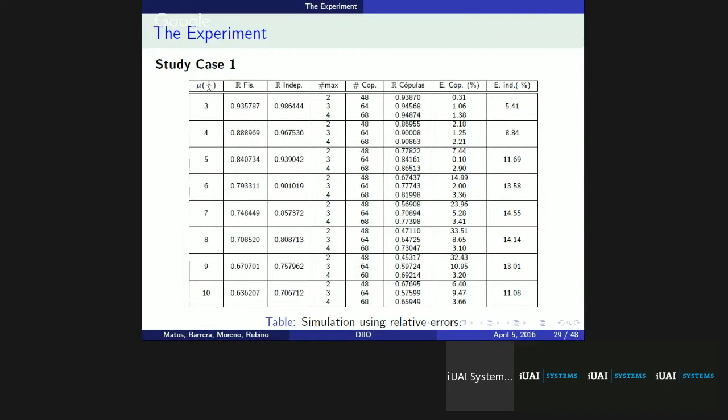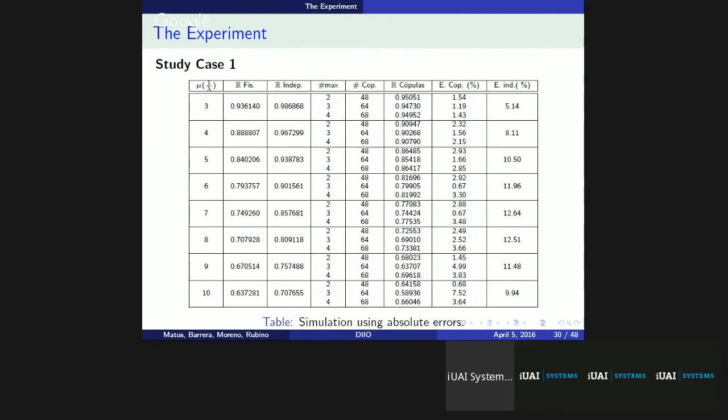And that table is using relative errors, and we can use the other model of absolute errors that was better than the other. For example, in the case of 5, we only have to take a maximal cardinality of the copulas of 2 to have a reliability of 0.85.